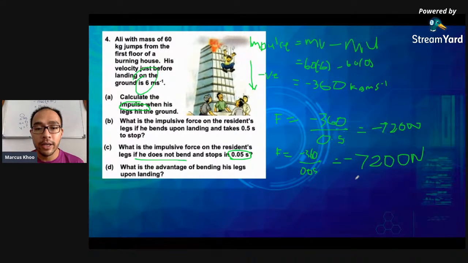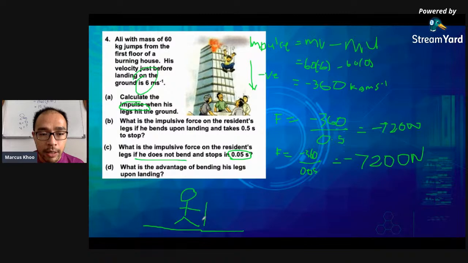Now if this is not made clear, let me explain. When you land on the ground, let's say this is the ground, you are putting a force of negative 720 newtons onto the ground.